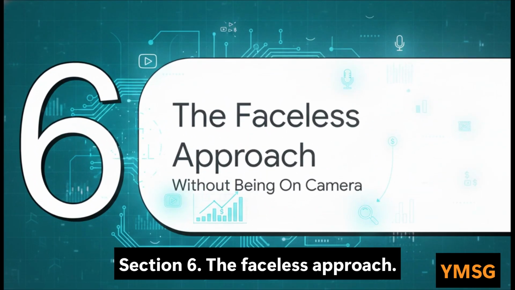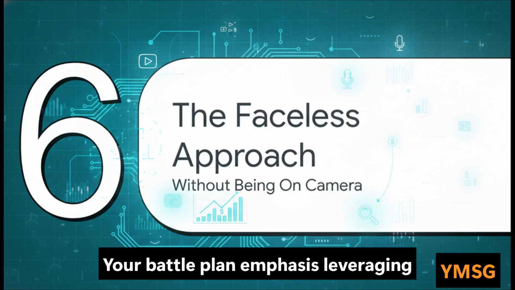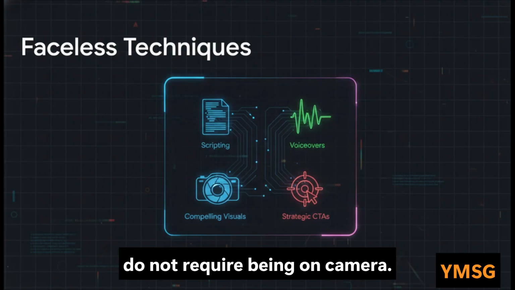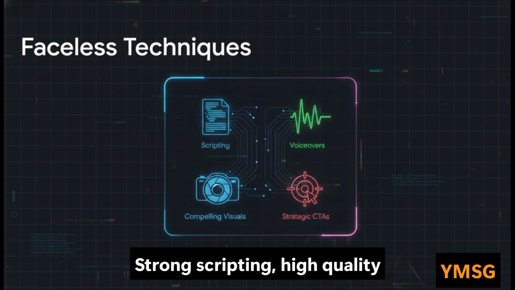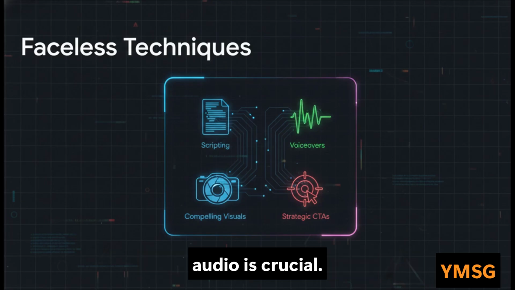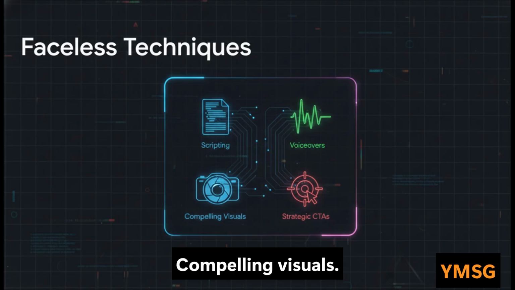Section 6. The faceless approach. Execute without being on camera. Your battle plan emphasizes leveraging tools and techniques that do not require being on camera. Strong scripting, high quality voiceovers, clear, engaging audio is crucial. Compelling visuals.